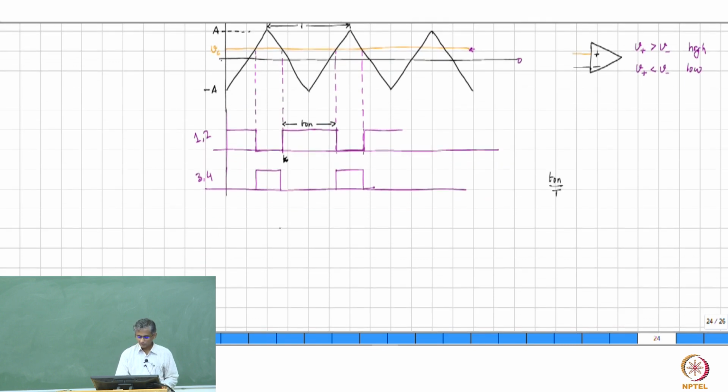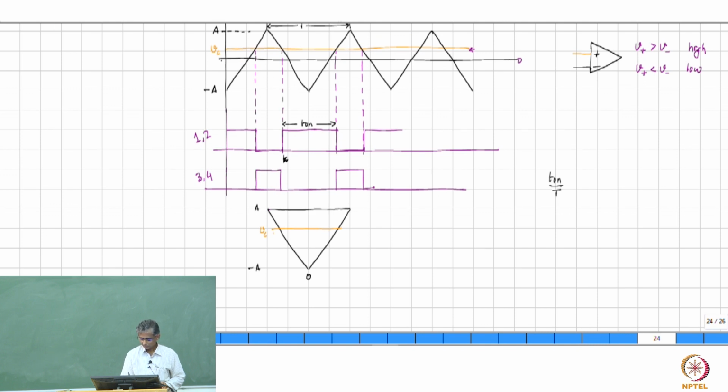So that can be found out by looking, we take this waveform of the triangle. So this varies from A to minus A, and then we have the DC level somewhere. This is Vc, and therefore what we have is the triangle here.